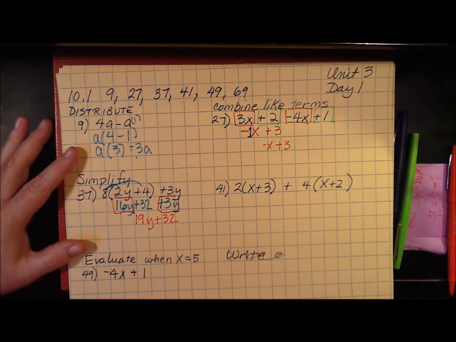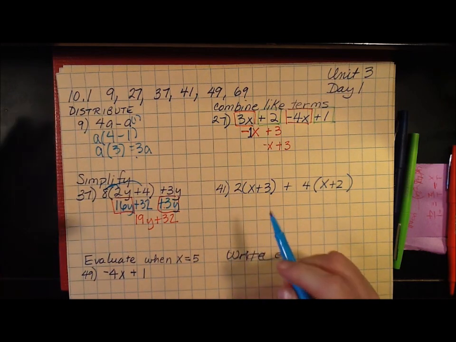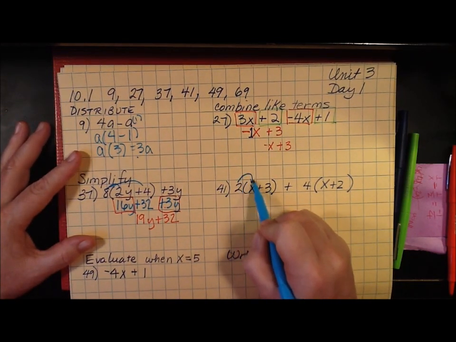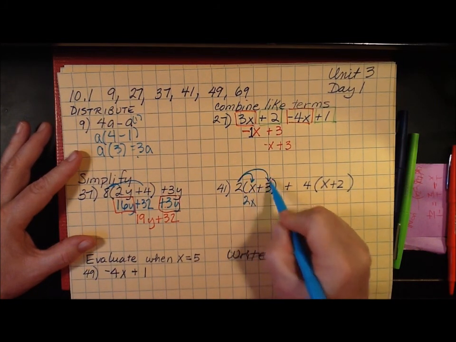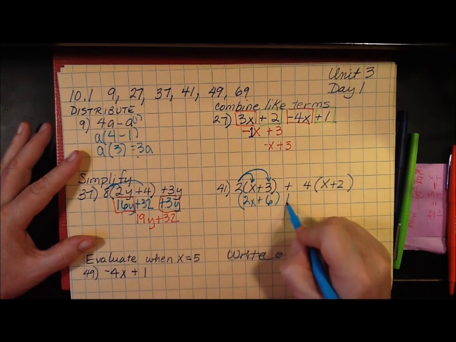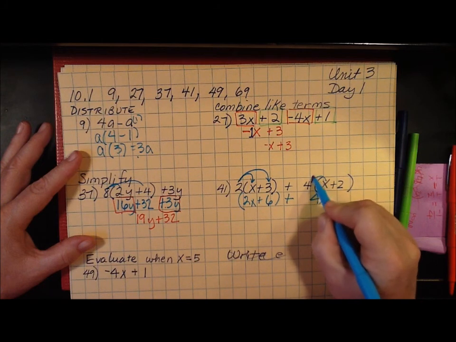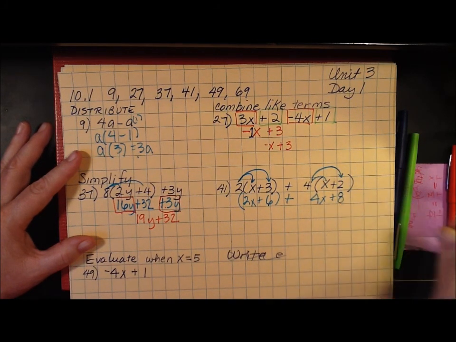Let's do this again. Here I have two different factors. That's a piece of a multiplication problem, remember. So I'm going to distribute. 2 times x is 2x. 2 times positive 3 is positive 6. Plus 4 times x is 4x. 4 times positive 2 is positive 8.